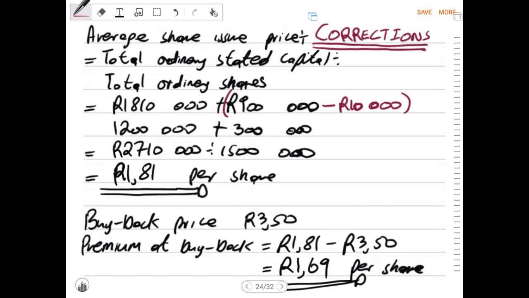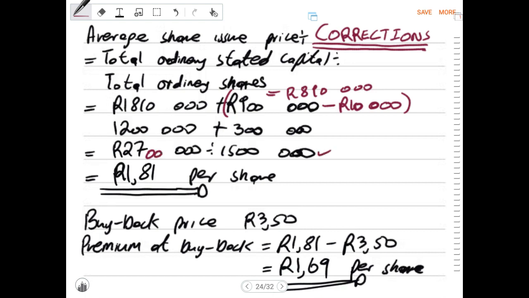Then now it means we'll have to adjust our amounts. 900,000 minus 10,000 will give us 890,000, because the share issue cost was because of the shares that were issued. That means again we'll have to adjust our total ordinary share capital, which will now become 2,700,000.